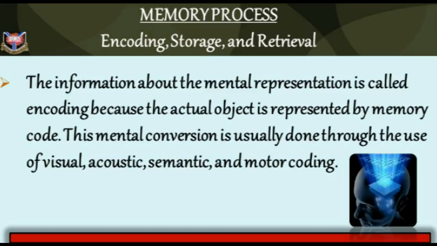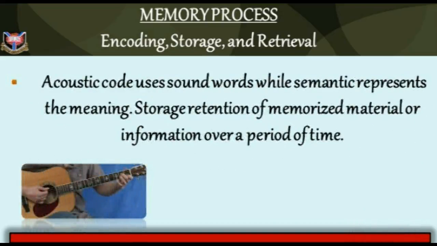In our example, the numbers are represented in our visual memory code as some visual image, words, or pictures. Acoustic coding uses the sound of the words to encode the material, while semantic coding represents the information in memory in terms of meaning. Though it is not usually thought of as one of the major types of coding, motor encoding still has a role to play.